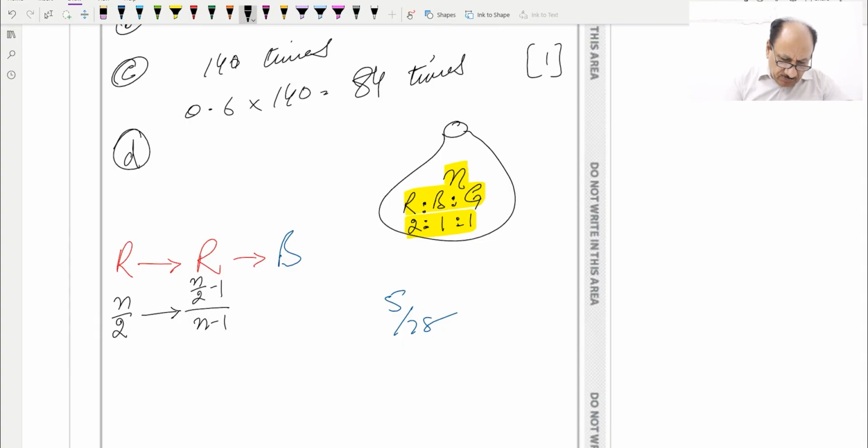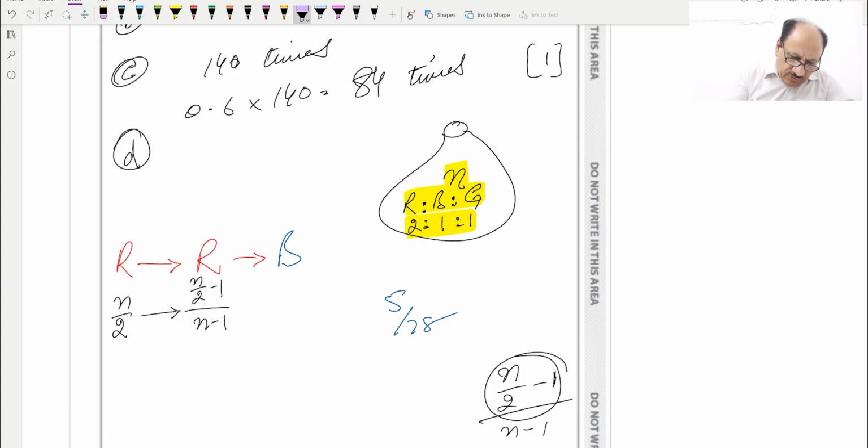For the second one, it will be n by 2 minus 1, because 1 is gone at the first draw, divided by the total. Now the total is n minus 1, not n, so that's why we have written n by 2 minus 1 over n minus 1.